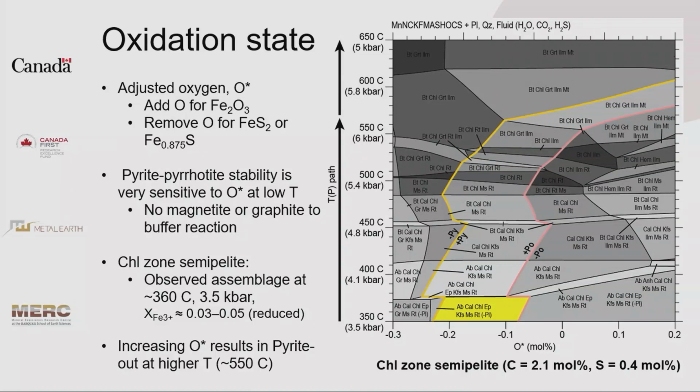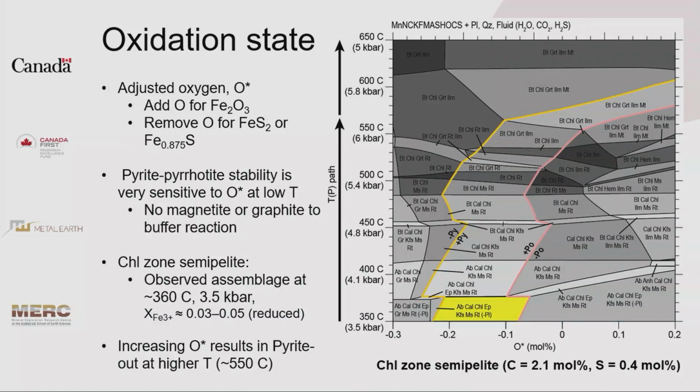And one of the things that's key here is that the pyrite and pyrrhotite stability field, or the transition field that I've labeled here, is quite sensitive to the oxidation state at relevant temperatures, 350 to 500 degrees C. If you increase the oxidation state by just a little bit, to a composition of 5%, 6% ferric iron, you're going to basically stabilize pyrite to much higher grades, and pyrrhotite won't come in at all, which means that your gold won't be available to the fluid.